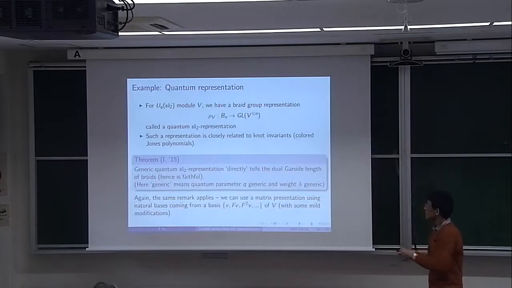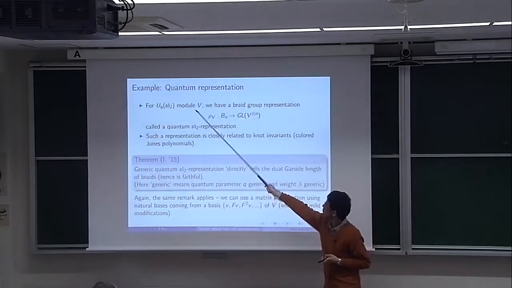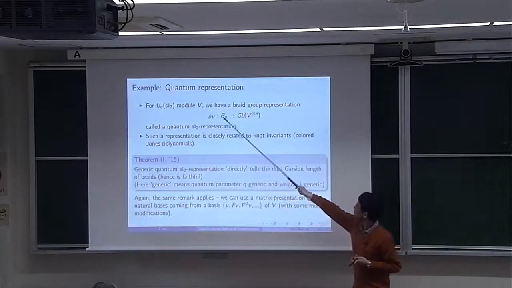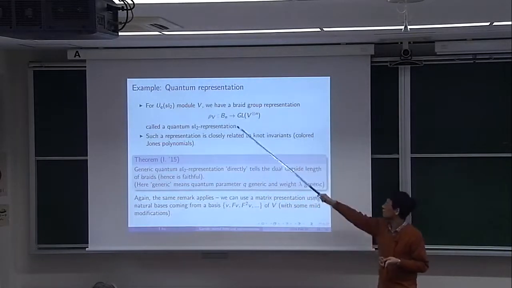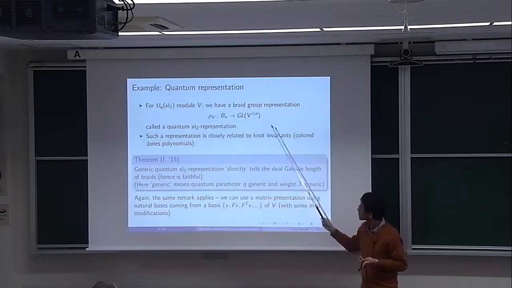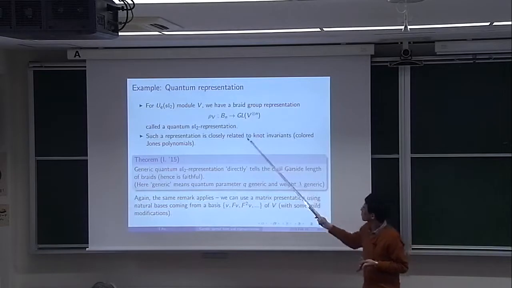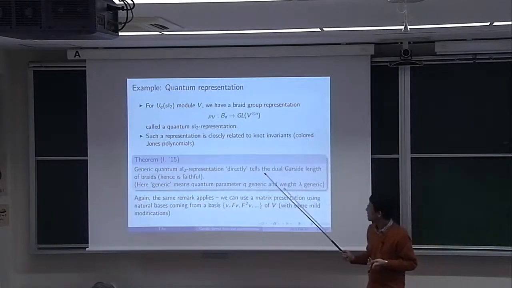Here is another example. For quantum sl2 and its module, we have a braid group representation called the quantum representation. Again, you don't need to know how to construct this; just know that there is a representation. Such a representation is closely related to knot invariants, the so-called Kauffman-Jones polynomials.